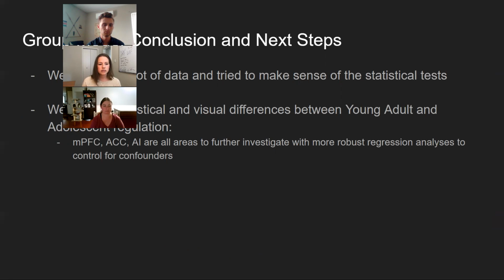And we found some interesting significance in the medial prefrontal cortex, the anterior cingulate cortex, and the anterior insula between young adult and adolescents. But we can't really come to any conclusions here. We would probably need to do more analyses using more robust statistical tests because we did not have a chance to go ahead and tune our models to the extent that we did with the whole brain.